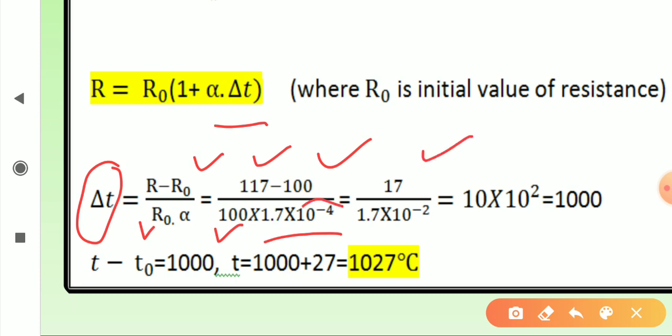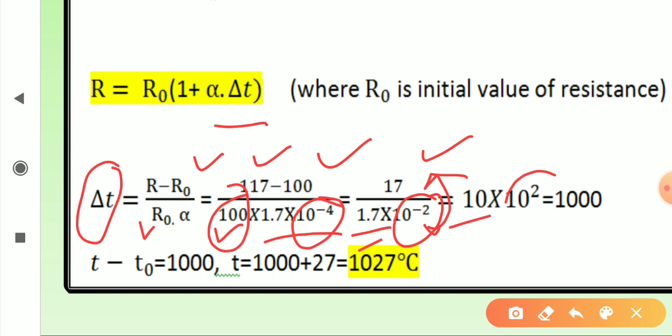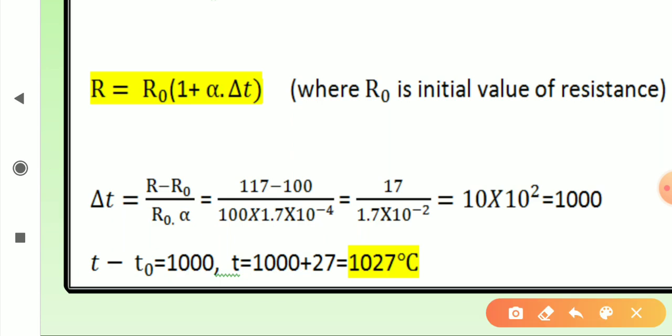In the denominator, you see 10 raised to the power minus 4 here and 100 here, so this will give you 10 raised to the power minus 2, 1.7 as it is, and if you divide 17 by 1.7 you get 10, right? And this 10 raised to the power minus 2, if you take it up, the power will become positive, 10 raised to the power 2, and now the product is 1000. Okay. So now we have got this delta T, which is final temperature minus initial temperature, is equal to 1000.